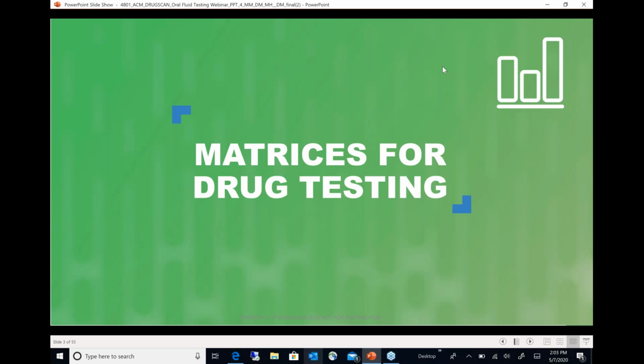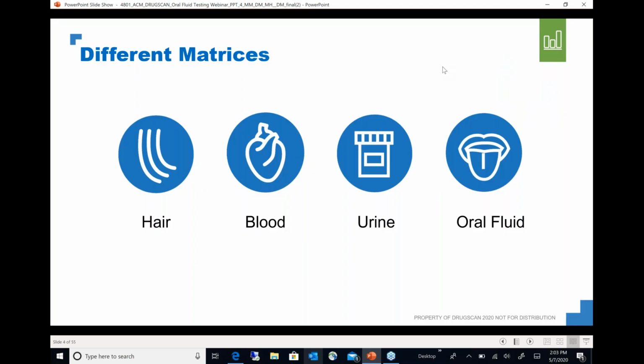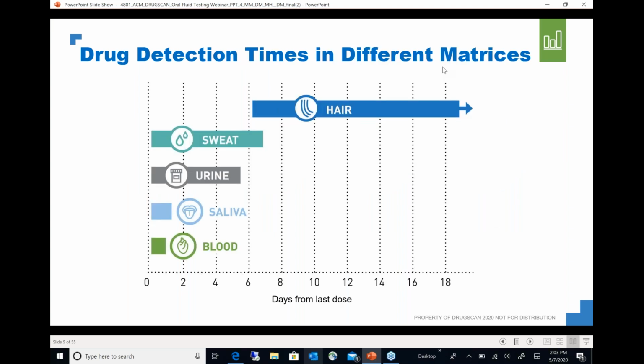Interesting to look at the different matrices as a global examination of the windows of detection. So looking at hair, blood, urine, and oral fluid, all of which are routinely analyzed today in the United States. DRUGSCAN's primary focus is on urine and oral fluid, although we do perform some blood testing.